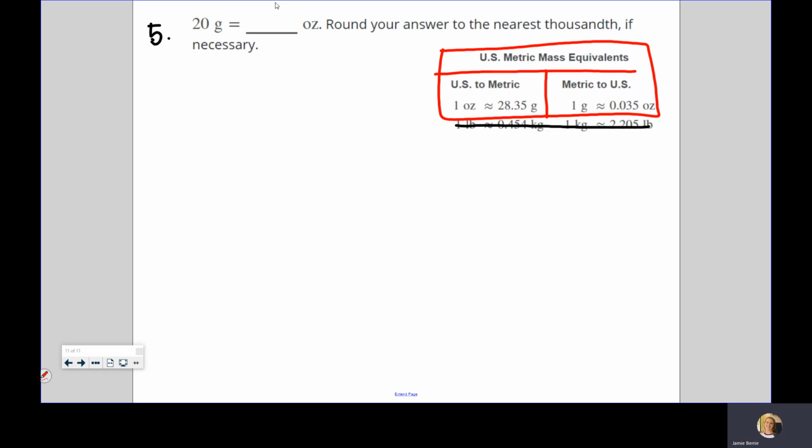Again, these are really just approximations. That's why you see the little squiggly equal signs. That means approximately. So this says 20 grams equals blank ounces. So grams to ounces. All right, so starting with what you know, 20 grams over 1.